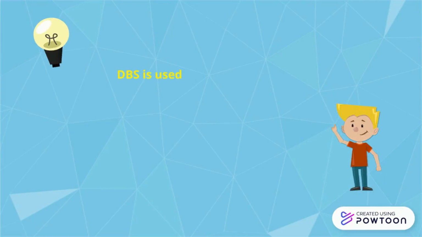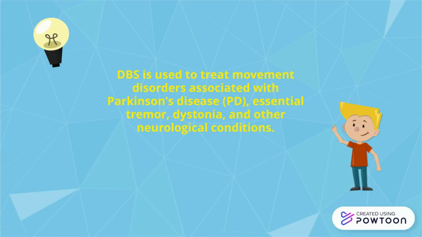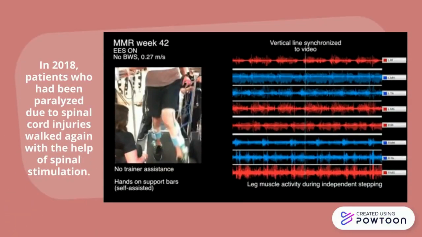And DBS is used to treat movement disorders associated with Parkinson's disease, essential tremor, dystonia, and other neurological conditions. In 2018, patients who had been paralyzed due to spinal cord injuries walked again with the help of spinal stimulation.